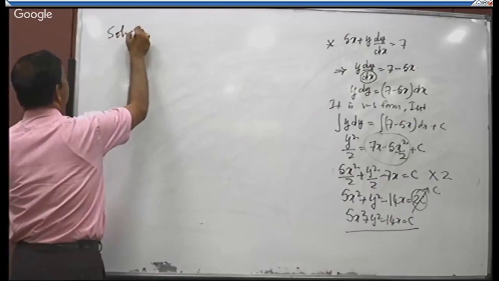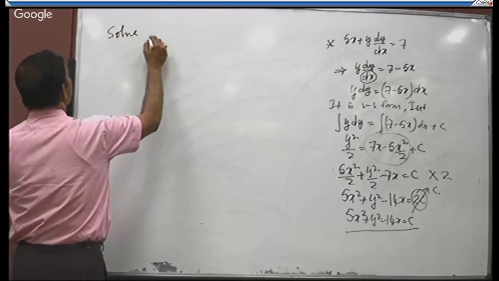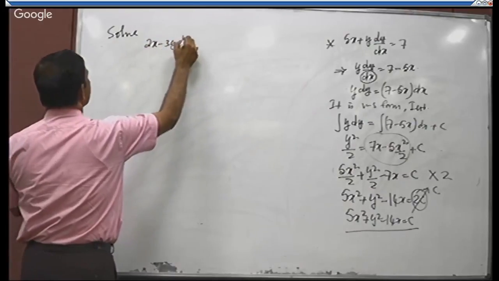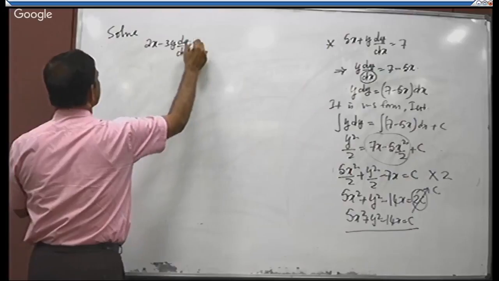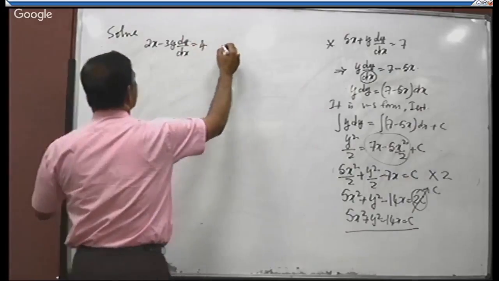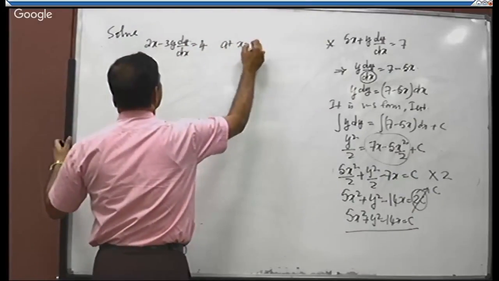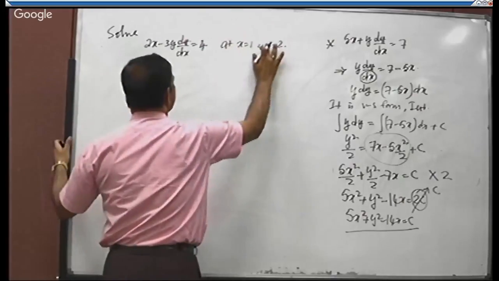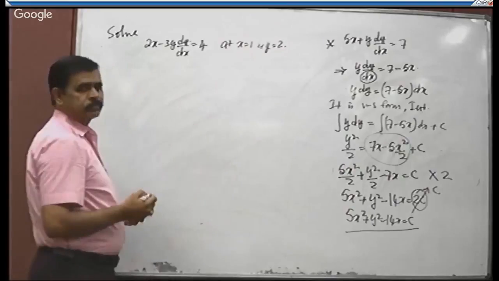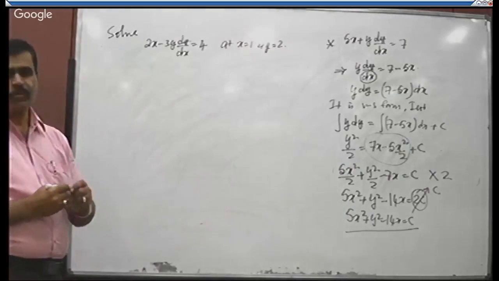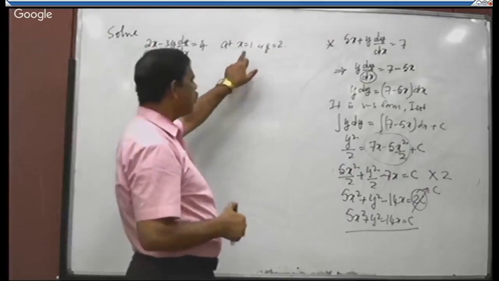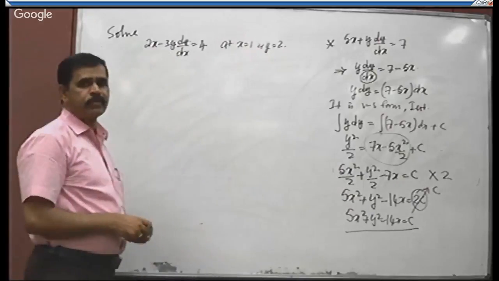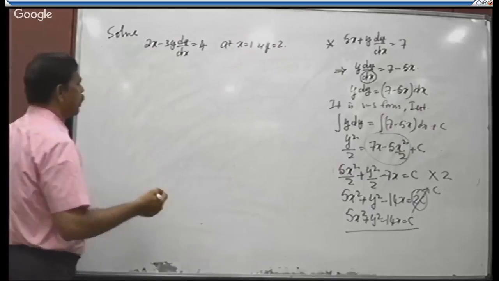See this. Solve 2x minus 3y into dy by dx is equal to 4 at x is equal to 1 and y is equal to 2. Sometimes they will give you the point x and y at which we need the complete solution of the differential equation.